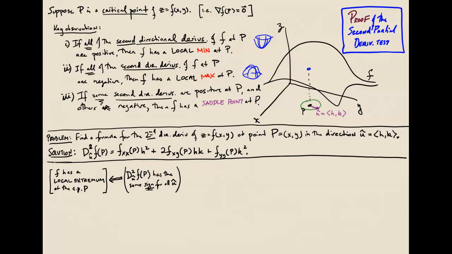This is simply because if you divide a positive by a positive, you get a positive. And if you divide a negative by a positive, you get a negative. For that matter, if you divide 0 by a positive, you get 0. So dividing any number by a positive number preserves its sign. This is a fact we'll be able to use because we're not interested in the value of this second directional derivative. All we are interested in is its sign. So if we do something that changes the value but preserves the sign, that's fine as far as this derivation is concerned.